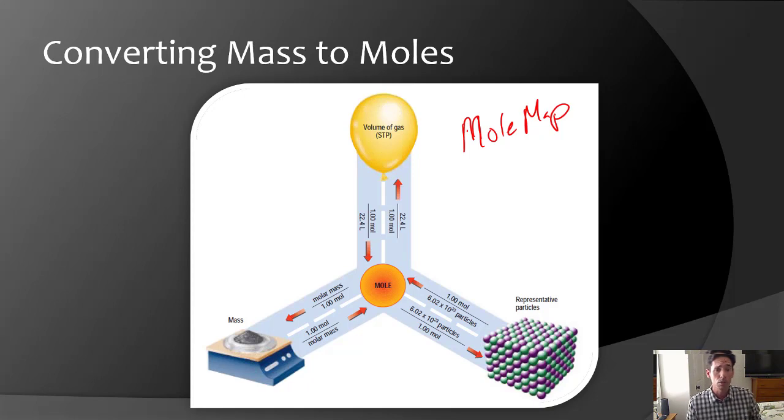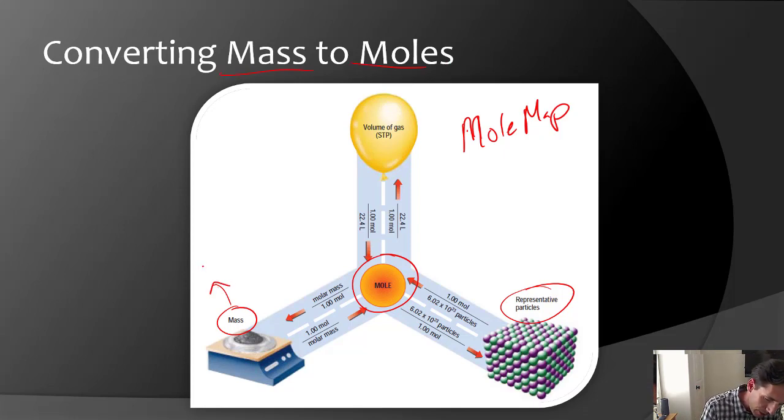I'm hoping you recognize that in the dead center, you will notice that there is the mole. On the outside, we have mass, and on the other side, we'll have representative particles. When we get there, we'll talk about that. Since this has to do with mass and moles, the mass itself is in the unit of grams.